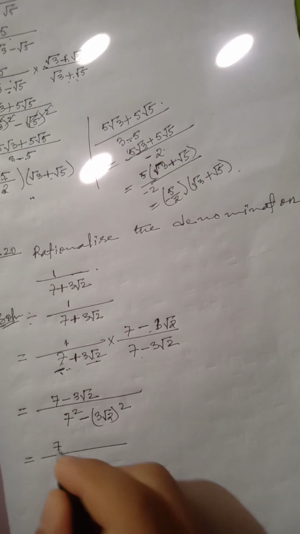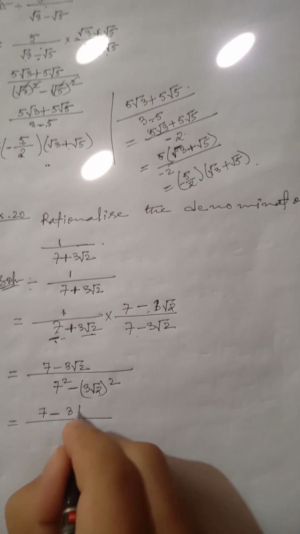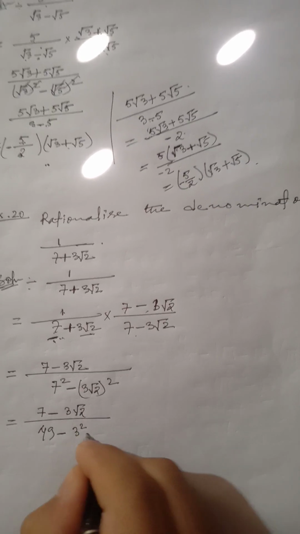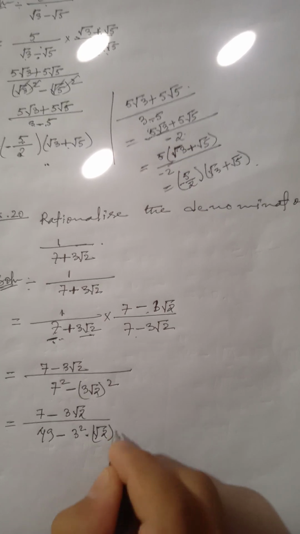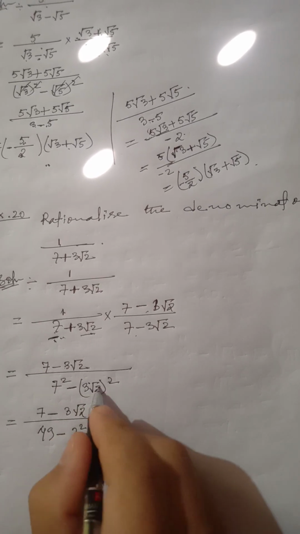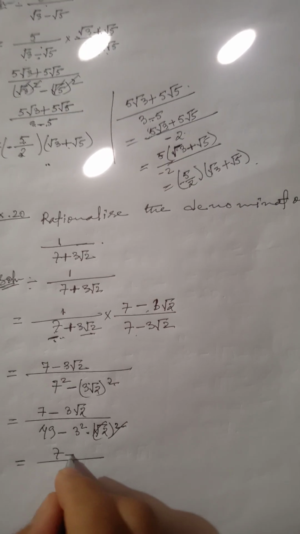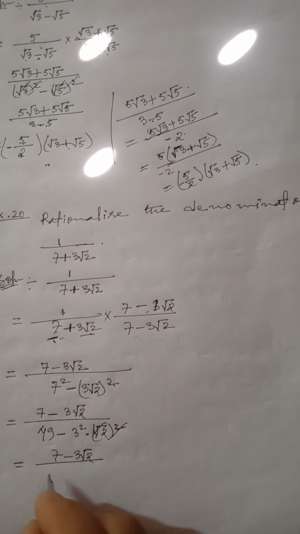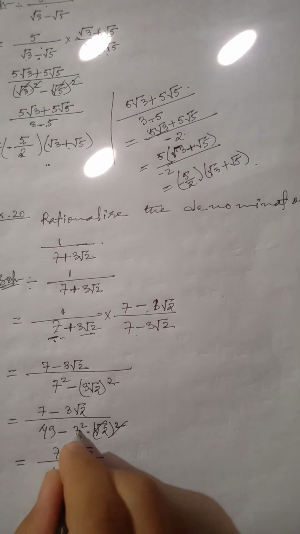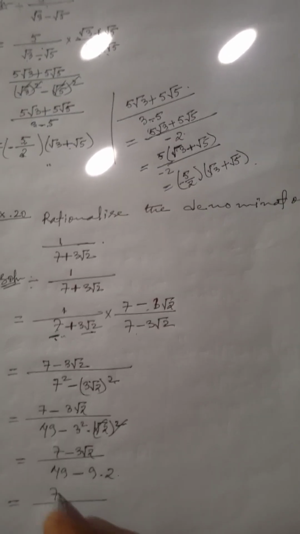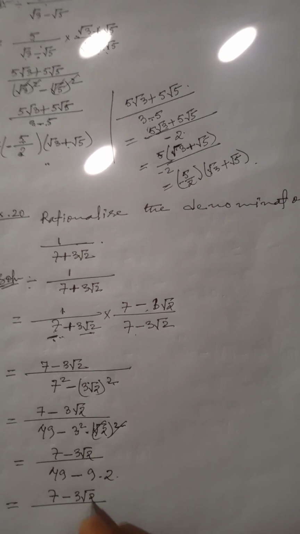7 square will give you 49. Then 3 square and root 2 square, because 3 has a square as well as root 2 has a square. Square and root cancel. So 3 square gives 9, then 2, so 49 minus 18.